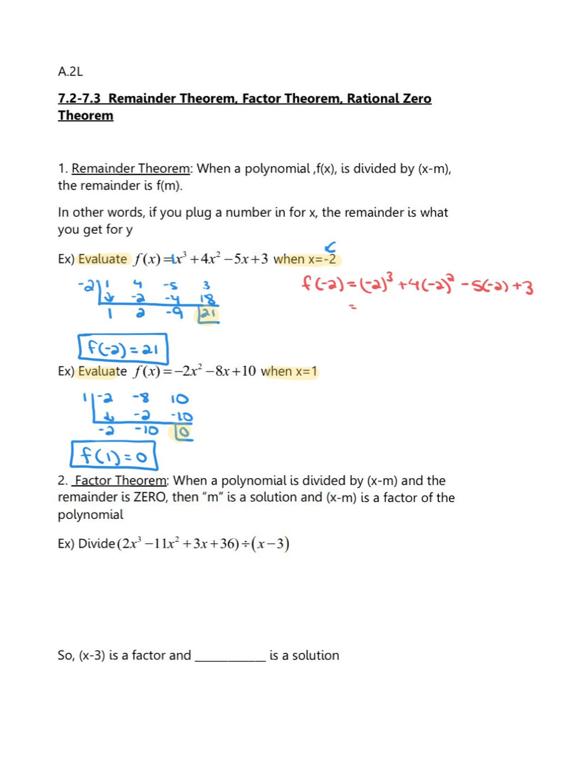So -2 cubed is -8 plus, remember, order of operations, square the -2 first, then multiply it by 4. -5 times -2 is 10. -8 plus 16 is 8. Plus 10 is 18, 19, 20, 21.